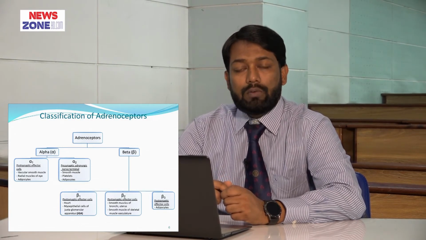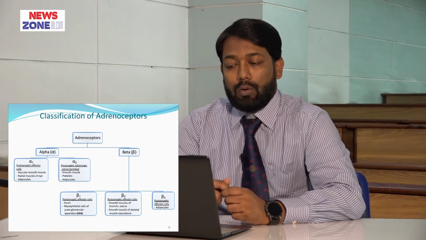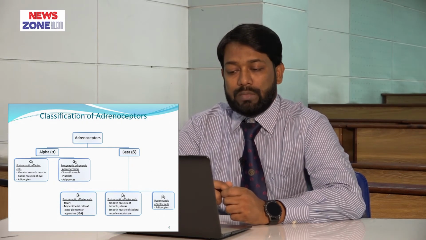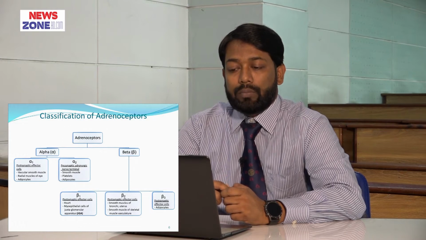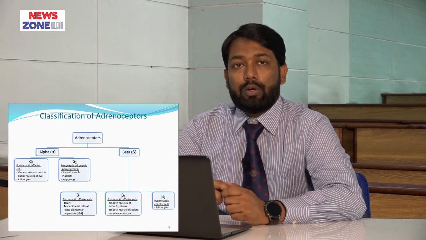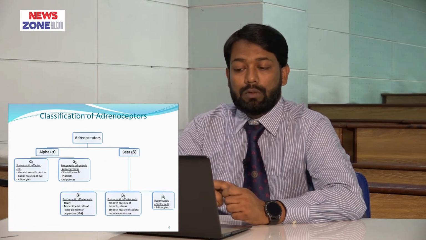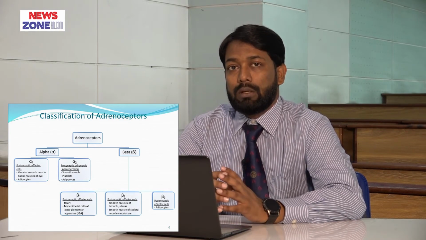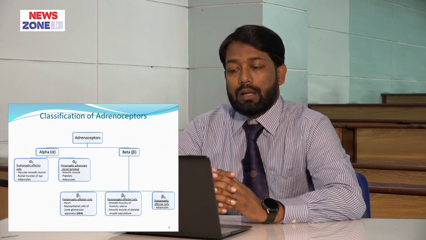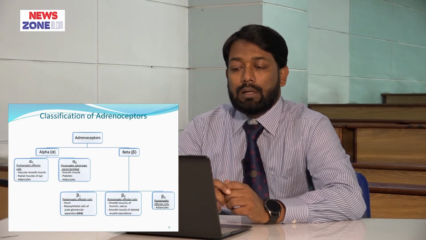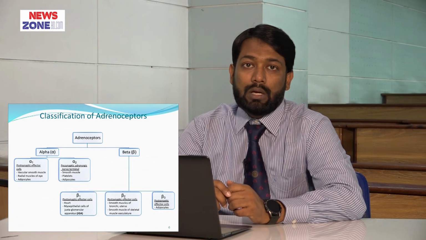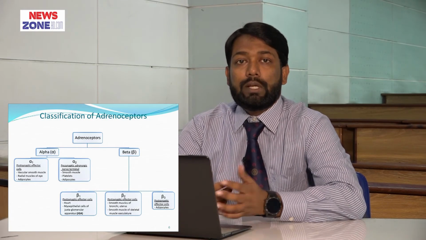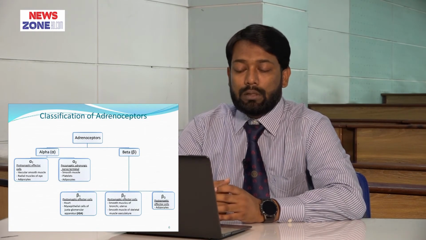The beta 1 receptors are all postsynaptic and found in heart and myoepithelial cells of the juxtaglomerular apparatus. These 2 points should be memorized because the sites of occurrence of beta 1 receptors are frequently asked during the exam.